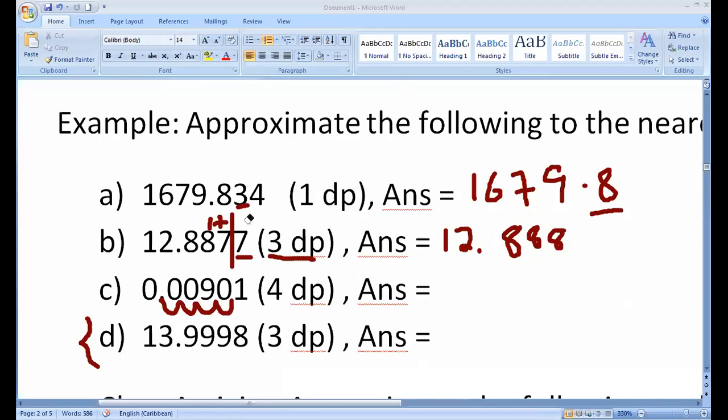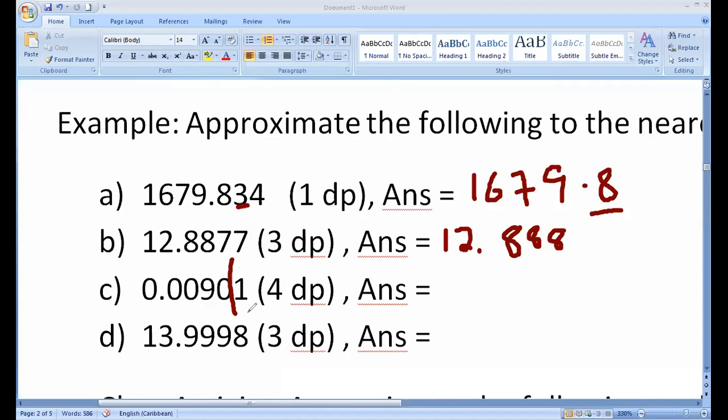Let me just erase some of these things up here. All right, so we go 4 places to the right, and then we just draw a little line. I don't want to put the point right there because it might seem like I moved the point. That's why I don't put the point there.